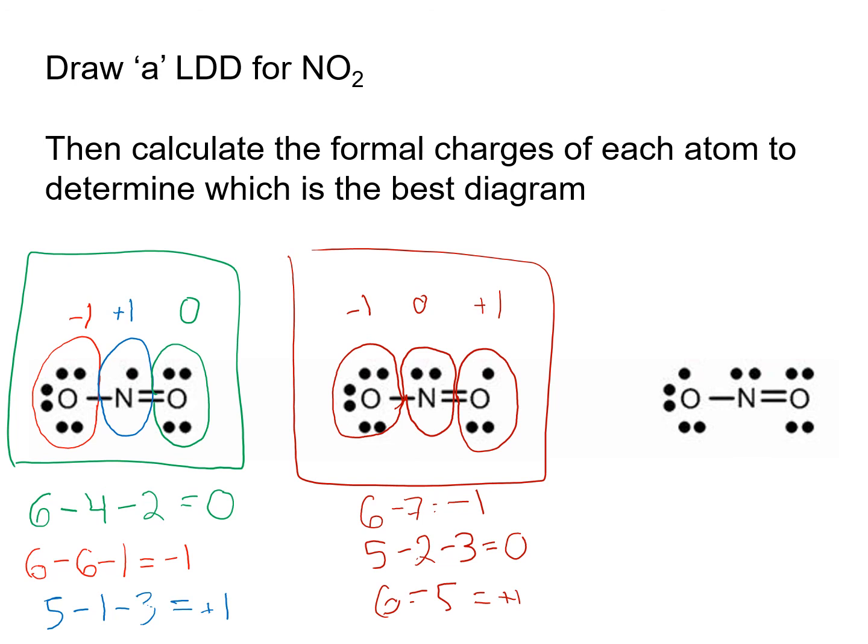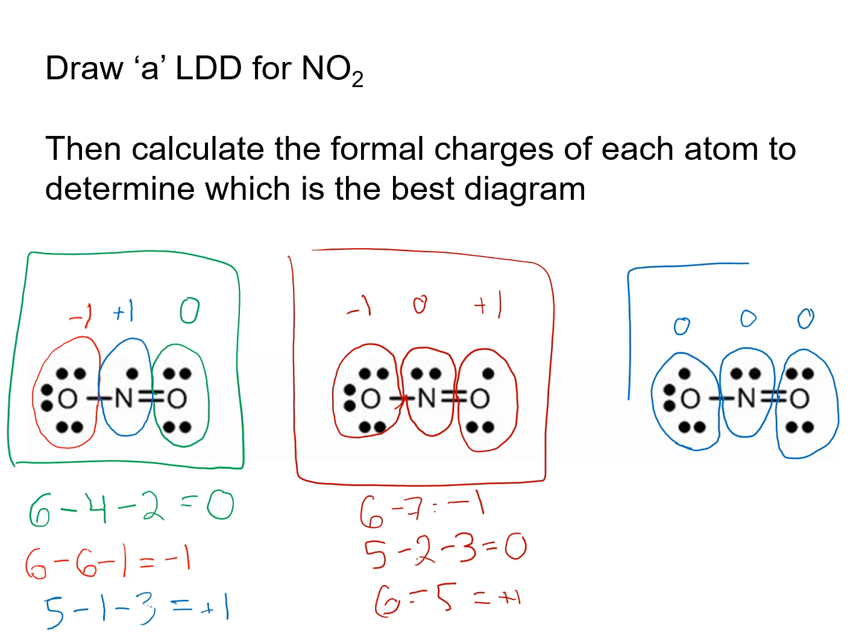Let's try the third option. Same way, we followed the rules to draw it, and we could have ended up with this structure. This oxygen here has a formal charge of, this nitrogen here has a formal charge of, and this oxygen here has a formal charge of.